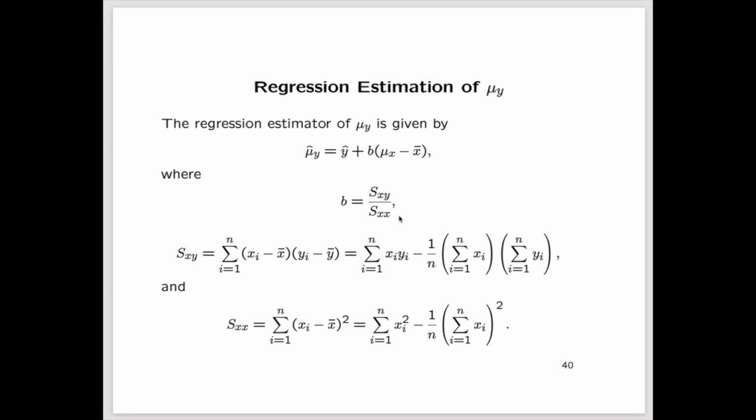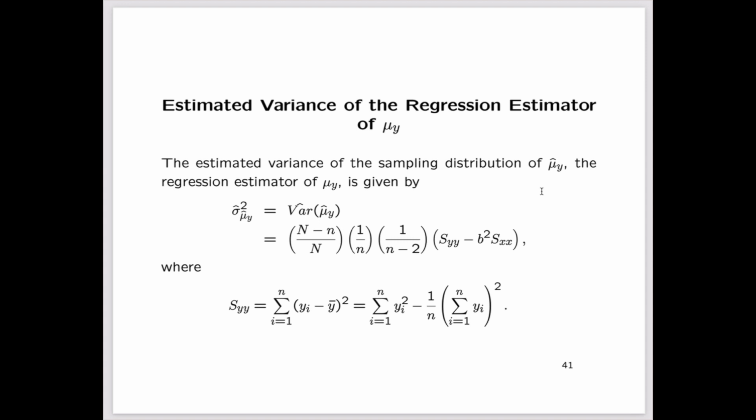We looked at those quantities at the very beginning of the semester when we looked at descriptive statistics, but I've provided the equations for s sub xy and s sub xx here on the bottom of this slide. S sub xy is the corrected sum of products for the x's and the y's. S sub xx is the corrected sum of squares for the x's. Right? And so the ratio of those values gives the estimated slope coefficient, which we're denoting by b in this formulation.